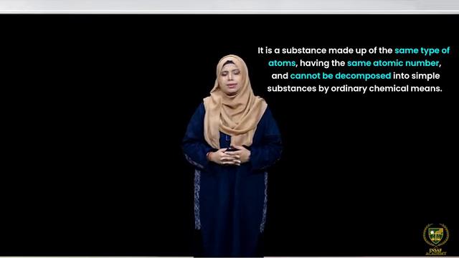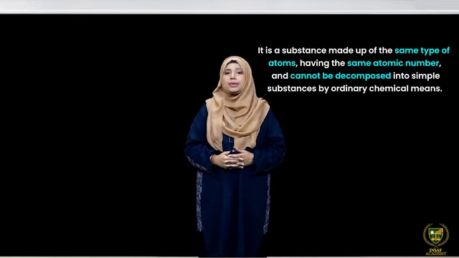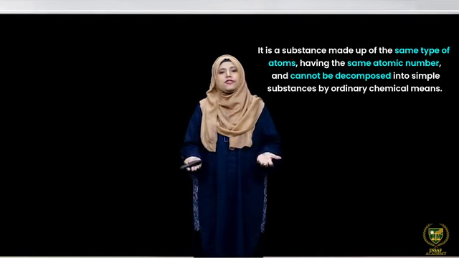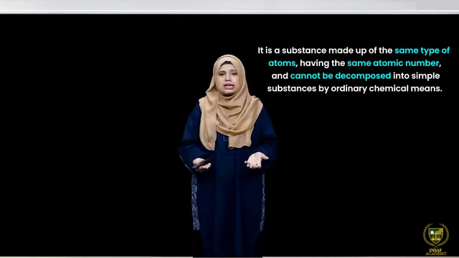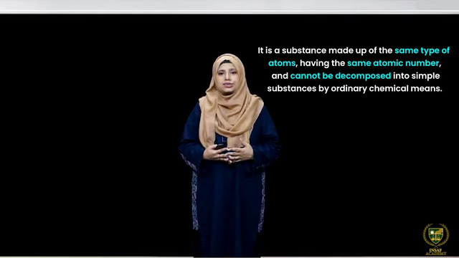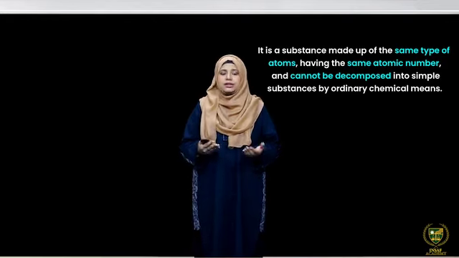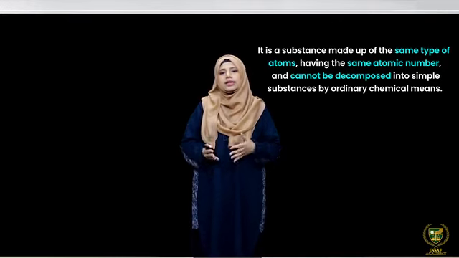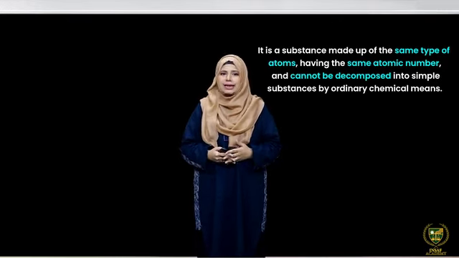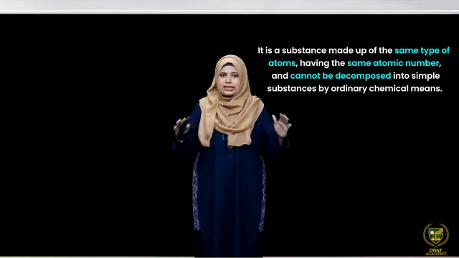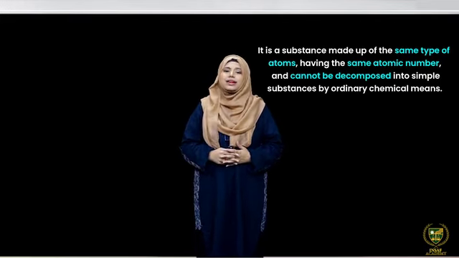Same atomic number. Atomic number is a property of atoms, and for different atoms, the atomic number is different. Atomic number is a unique number which is given to the atoms. So the same atomic number is the confirmation that all the atoms of that substance are the same. Cannot be decomposed. Decomposed means breaking down into simpler substances.